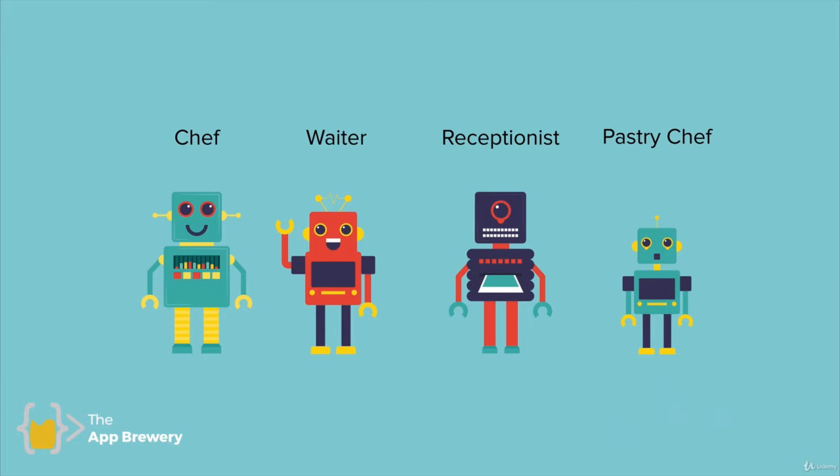So, for example, our pastry chef and our chef will probably have some similar functionality. They probably both know how to boil some water. They both probably have a method for baking something, but they might do it slightly differently. So in order to prevent having to rewrite lots of code when we're abstracting into lots of different classes and separate modules, this is why inheritance is really key when you're creating objects.